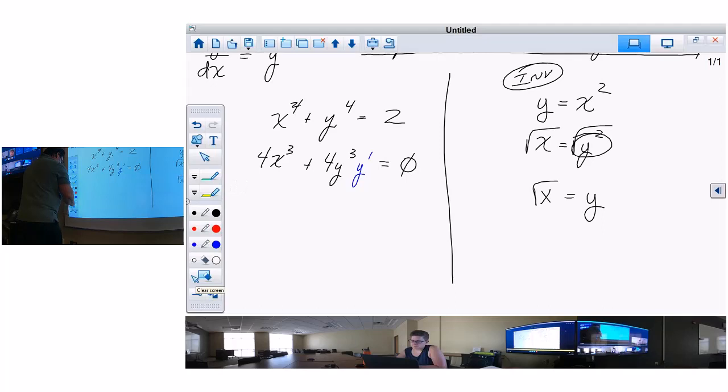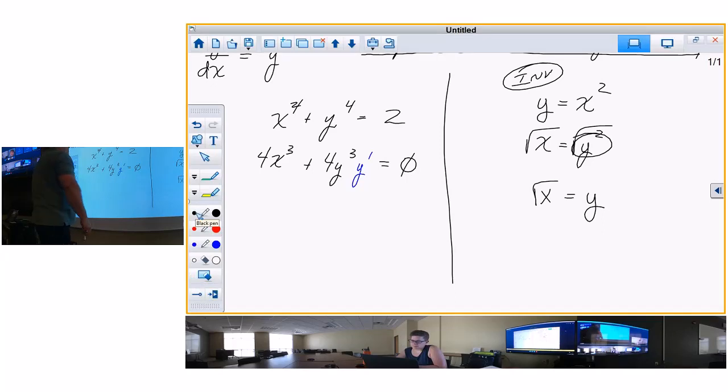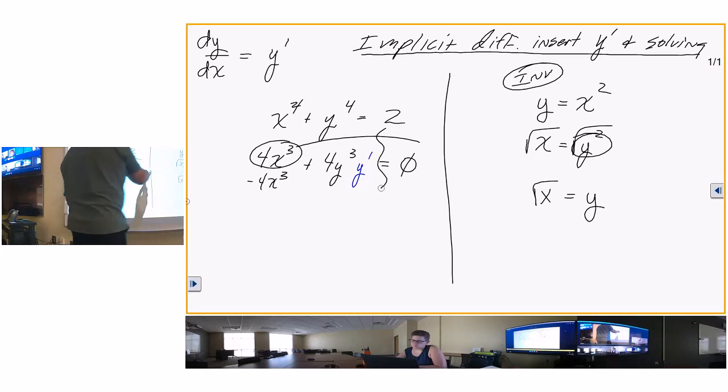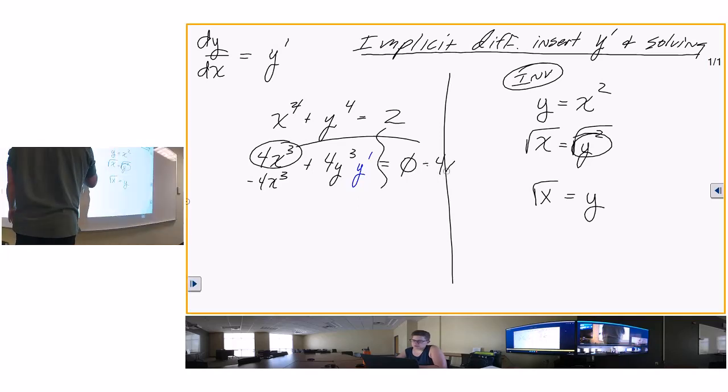So what do we get? Well, how do you get rid of positive 4x to the third? Minus 4x to the third, or take it across the what? The river. And it becomes a negative 4x to the third.